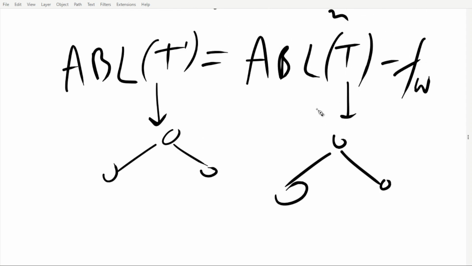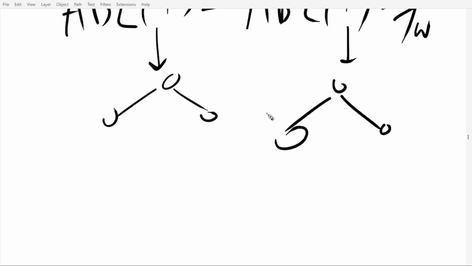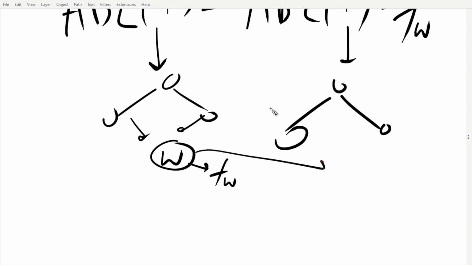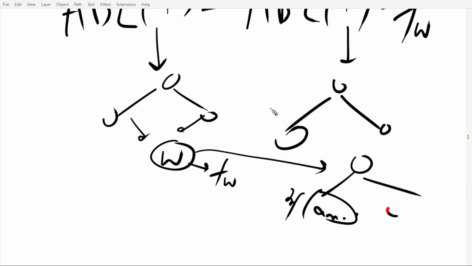For example, in T prime we have a single node W with frequency fw. In T, exactly the same structure, but instead of w we expand it into nodes an minus 1 and an. This is the only difference, the rest is identical.